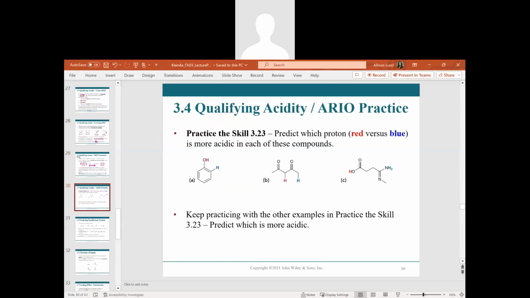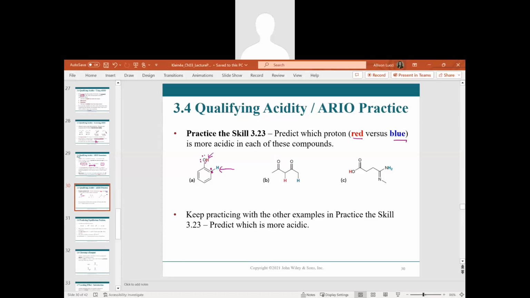So see if you are able to predict the red versus the blue protons in these scenarios here. So let's look at A. If we were to remove this proton here, we would end up with a lone charge on our carbon. If we were to remove the red proton here, we would end up with an extra lone pair on this oxygen.